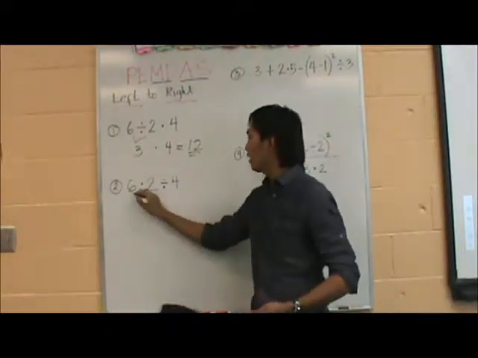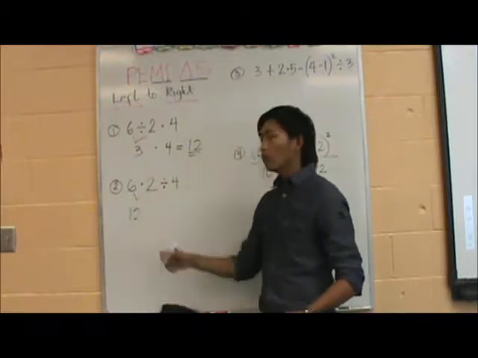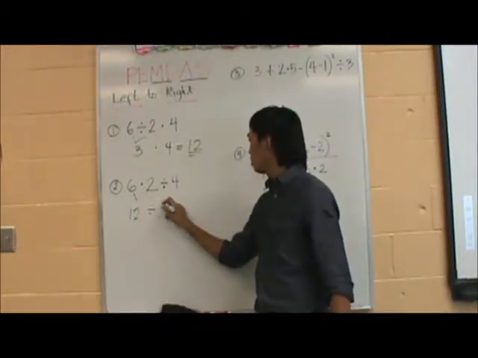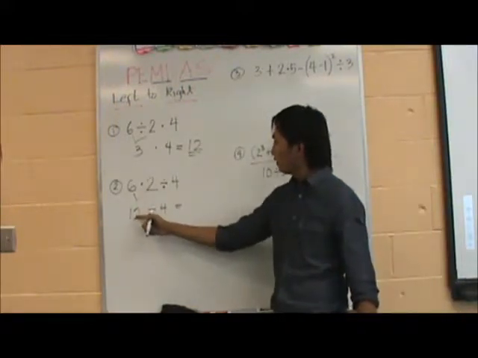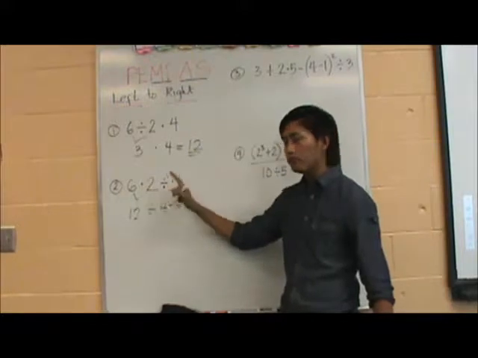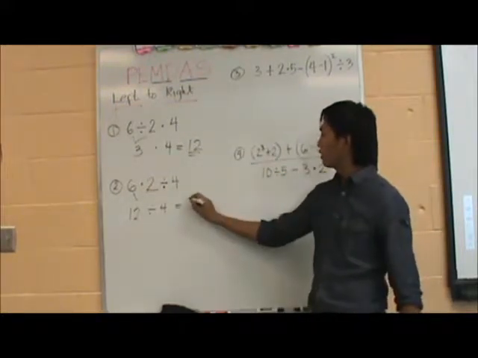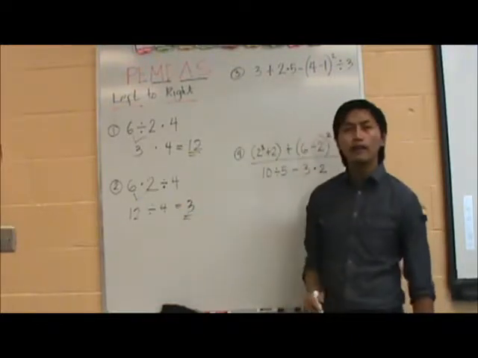That means we have to multiply 6 and 2 first, which will give you 12 divided by 4. So you have to multiply first before you divide. 12 divided by 4 will give you 3, and 3 is the final answer.